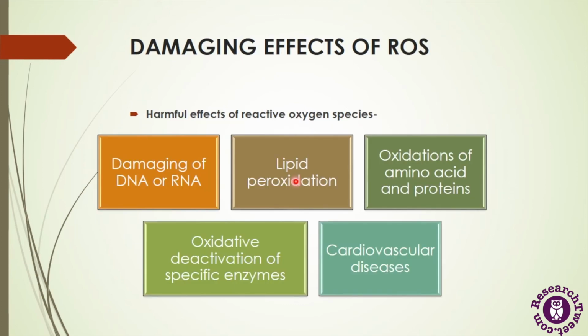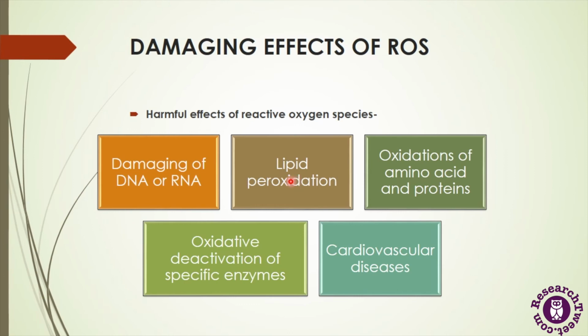So let's understand the damaging effects of reactive oxygen species, or the diseases caused by them. As we have discussed earlier, reactive oxygen species or free radicals cause oxidative stress in our body, and this oxidative stress leads to different diseases.